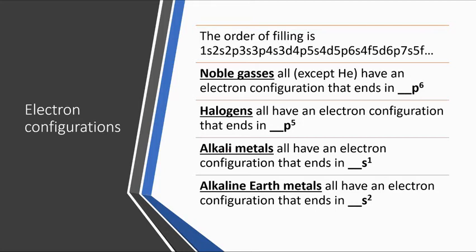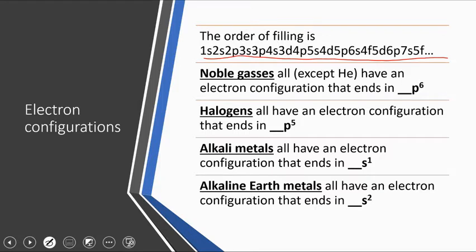But I've laid that out for you right here. So this is the order in which you're going to fill, and then you add electrons until you've run out of electrons. So look at the periodic table and figure out how many electrons you need, and that tells you what your exponents are going to be.